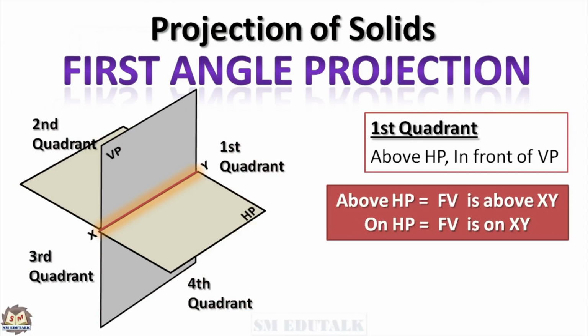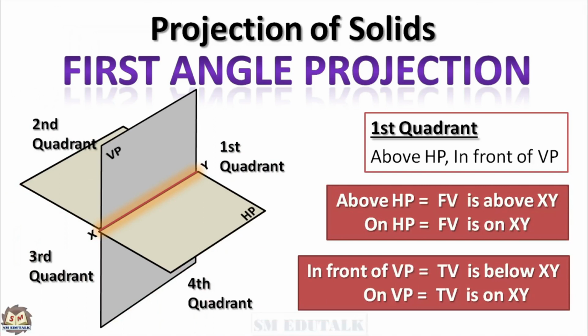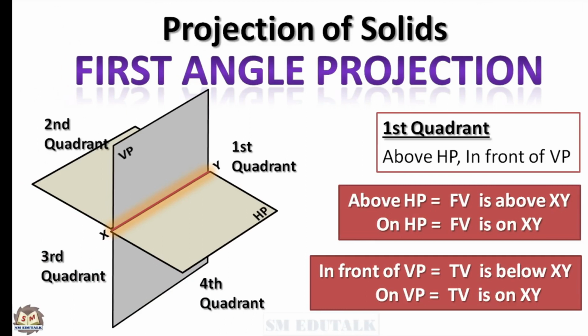In the first quadrant, front view should be drawn above the XY line for above HP condition and on the XY line for on HP condition. Similarly, top view should be drawn below the XY line for in front of VP condition and on the XY line for on VP condition.